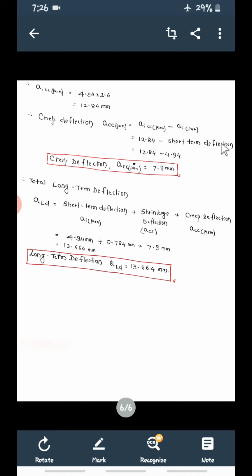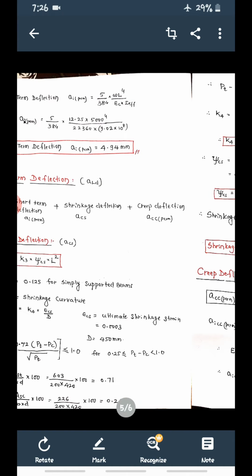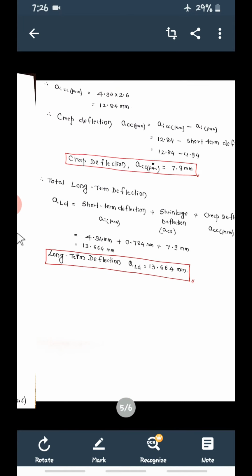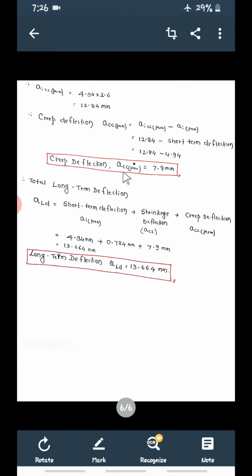We get 12.84 minus 4.94, where 4.94 is the short term deflection. Therefore, creep deflection is 7.9 mm.